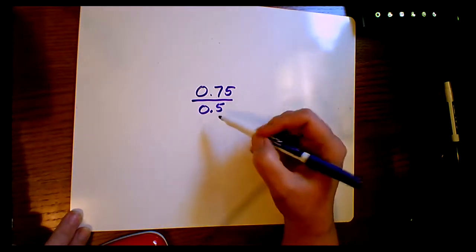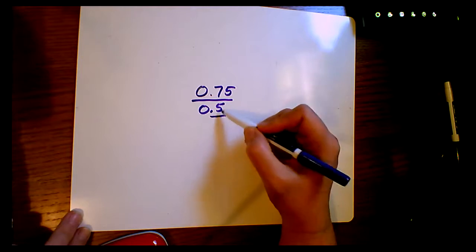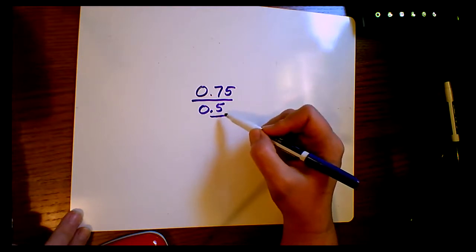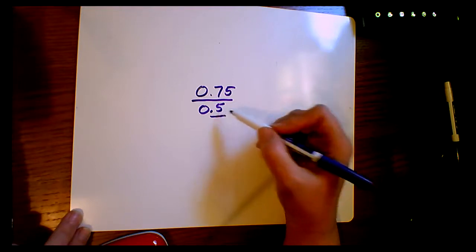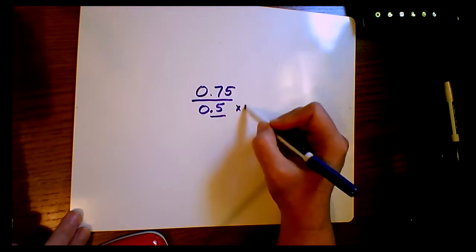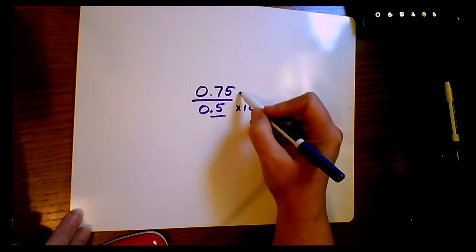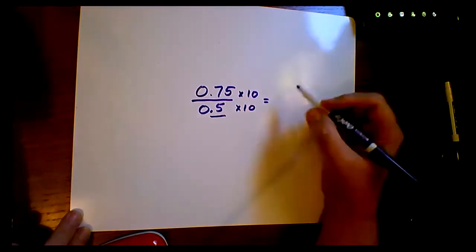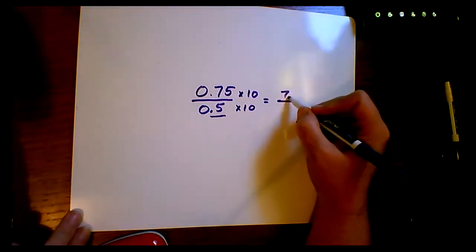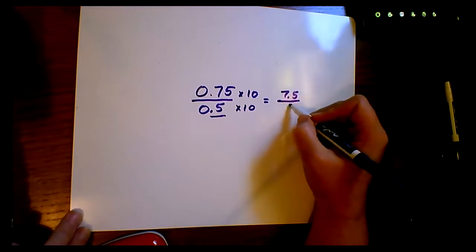We want to make this number, the denominator, a whole number. What are we going to have to do to make that a 5 instead of 0.5? We need to multiply by 10, right? So if we multiply this by 10 and the 0.75 by 10, we will get 7.5 divided by 5.